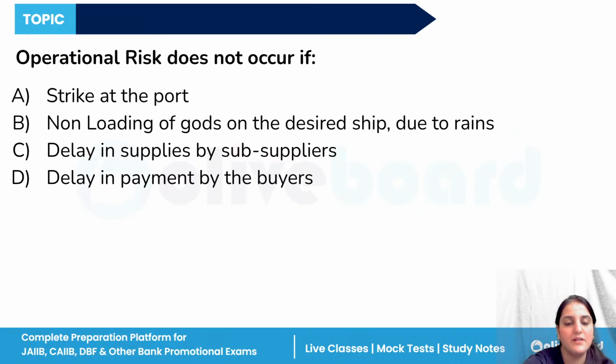Operational risk does not occur. Operational risk, I already told you, refers to the risk which arises from internal processes and internal failures, and it encompasses risks like system failure, fraud, or operational disruptions. So here option D is correct.